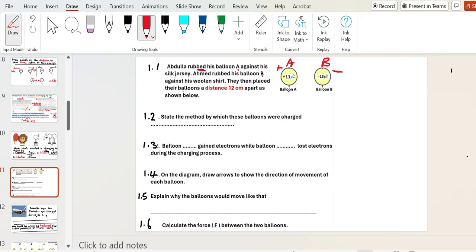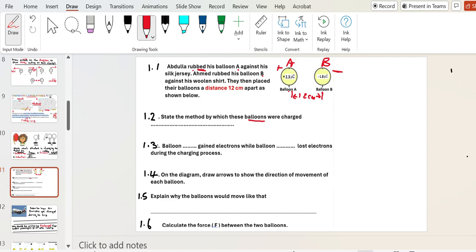They then placed the balloons at a distance of 12 centimeters. So from here to here, this is 12 centimeters. Okay? State the method by which these balloons were charged.